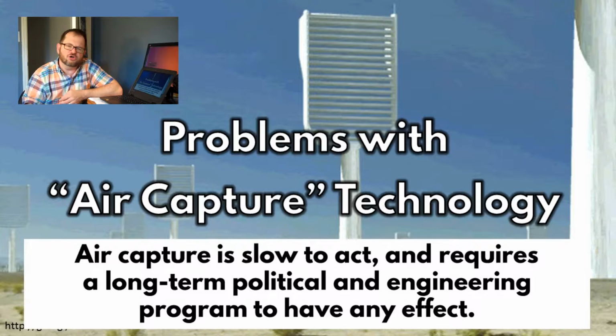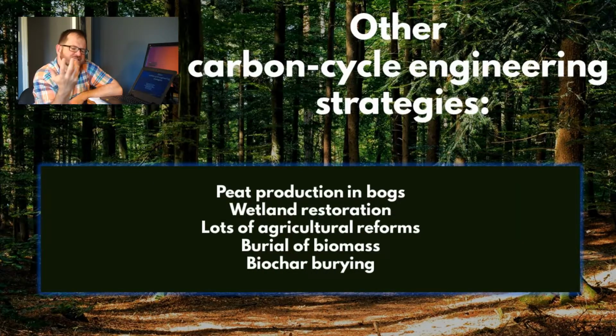It requires too much of a long-term political and engineering and economic solution to get it up to any kind of effect. Again, this could be a part of the mix of the solutions, but it's not going to solve the problem for us. And it fits into a collection of a large number of these similar kind of strategies where we could have ways of removing carbon dioxide from the atmosphere in a carbon cycle engineering strategy.